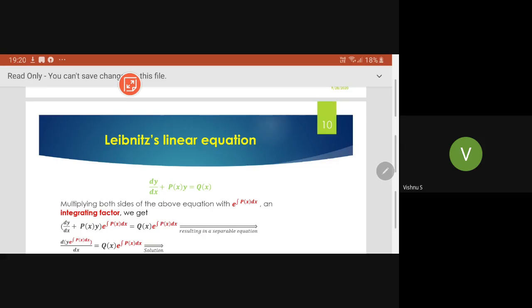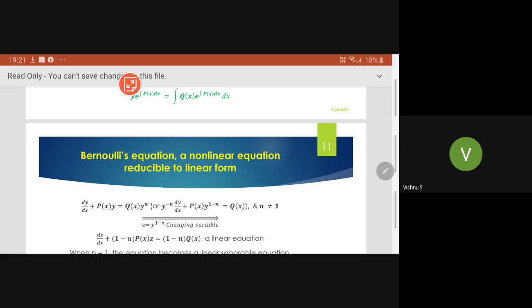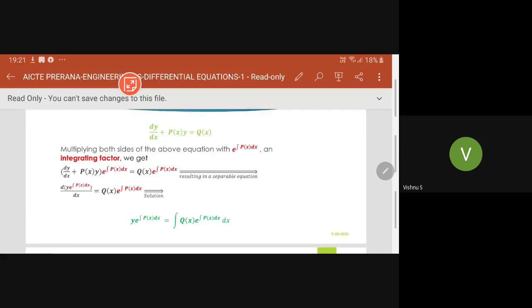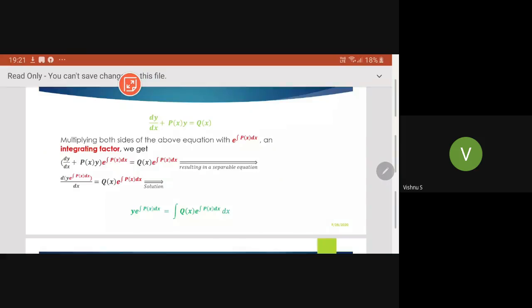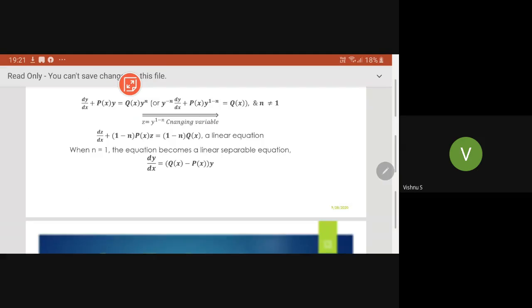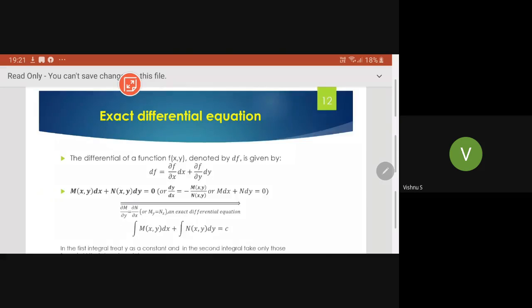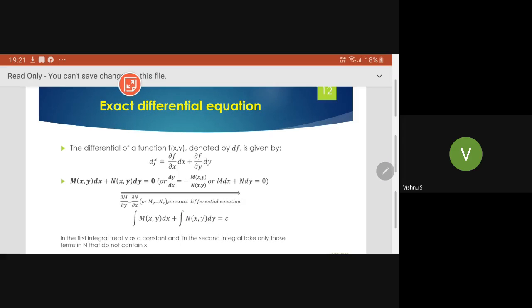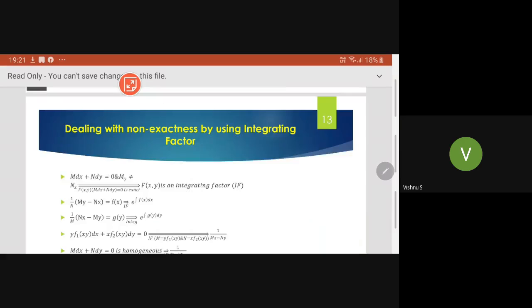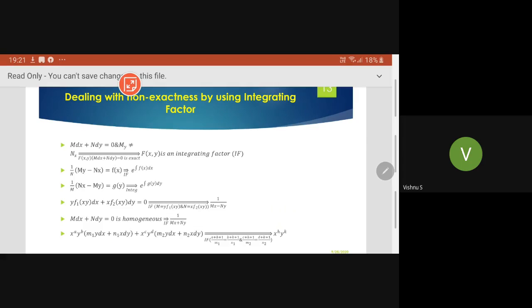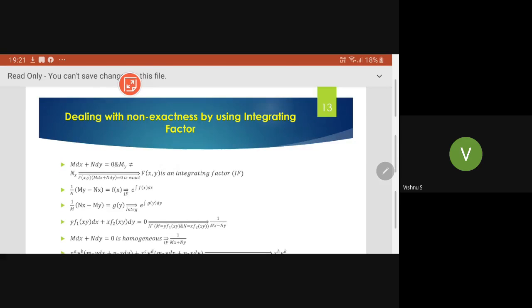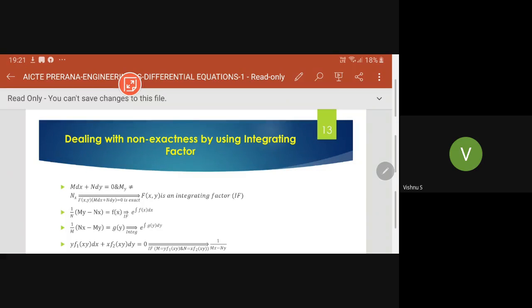Then Leibniz linear equation is one thing, and subsequently Bernoulli's equation, which is a nonlinear one, that is reducible to this Leibniz equation. That part also we have dealt with, and then exact differential equations we have seen, and the idea of integrating factors. I mean, how to deal with the non-exactness. That part also we have discussed.